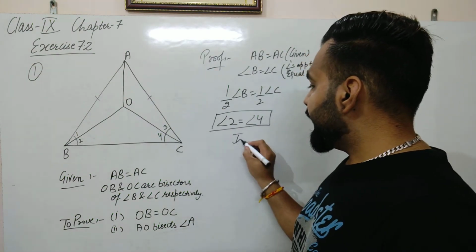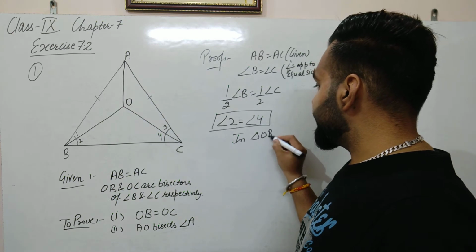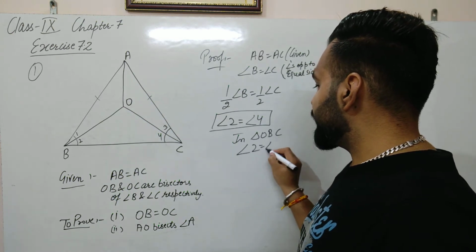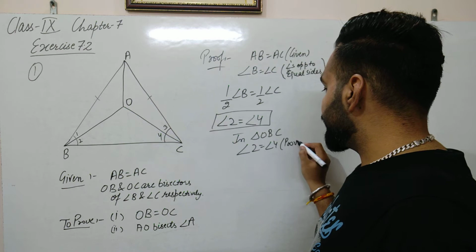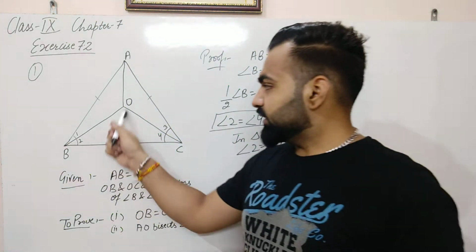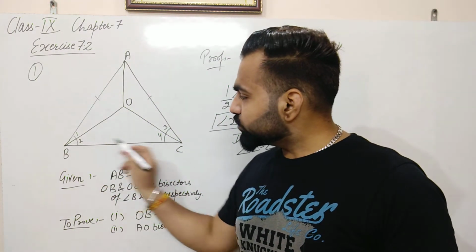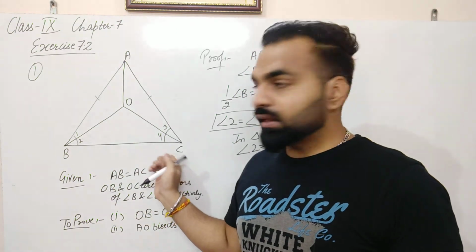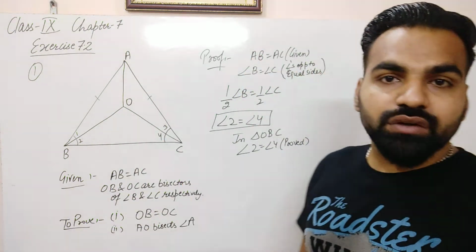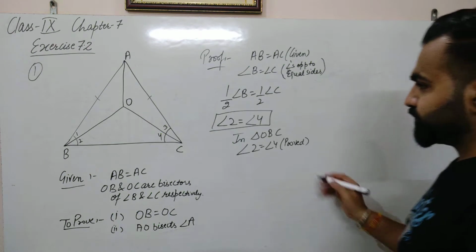Now in triangle OBC, angle 2 is equal to angle 4, we just proved. In this triangle OBC, if these two angles are equal, 2 and 4, then the sides opposite to these two angles will also be equal.